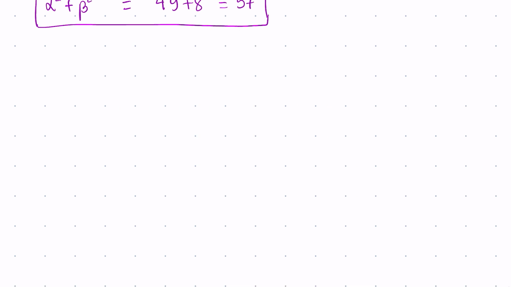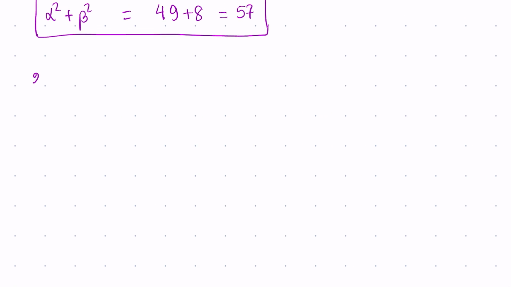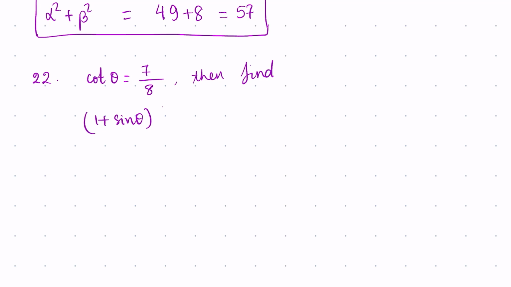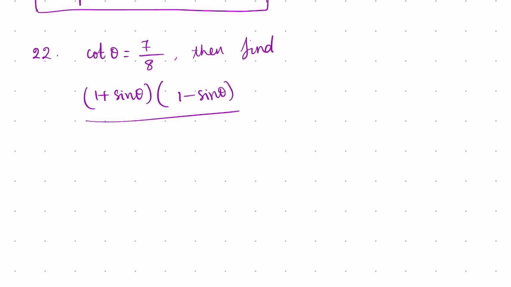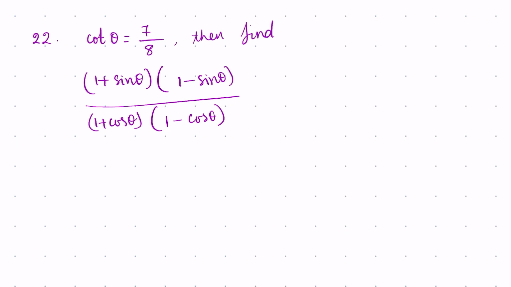What does 22 say? So question number 22 says, if cot theta is equal to 7 by 8, then find the value of 1 plus sine theta times 1 minus sine theta divided by 1 plus cos theta times 1 minus cos theta. Well, the naive approach would be to draw a triangle, right?